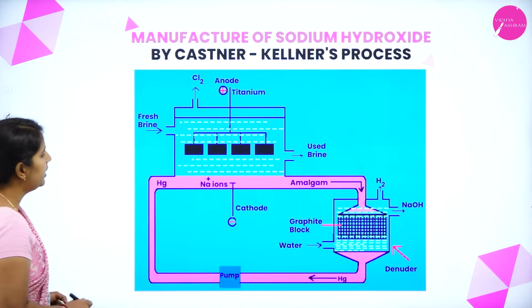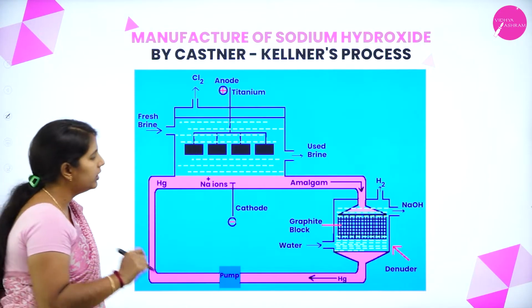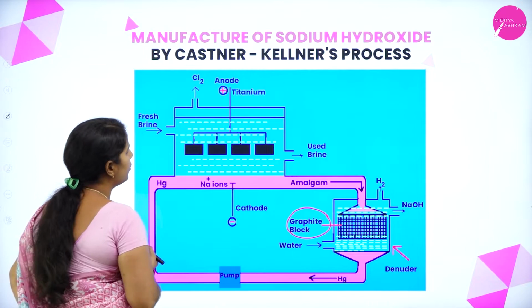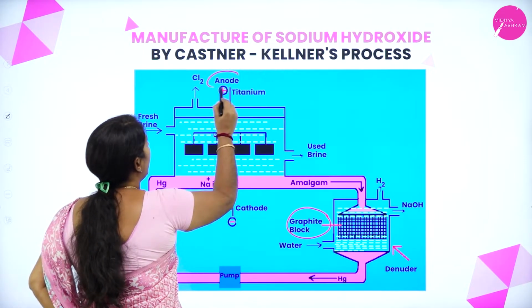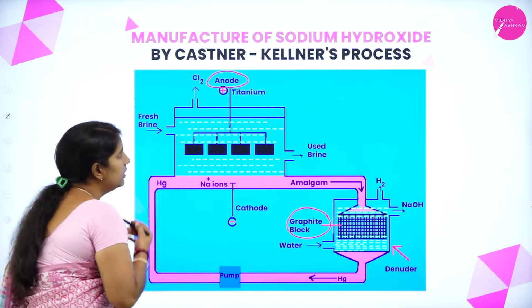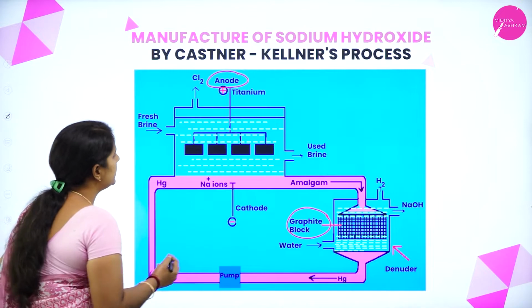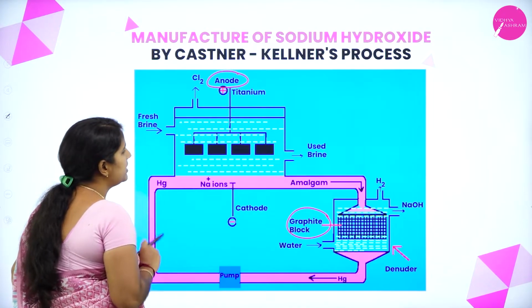You can see here, this is a long chamber which consists of 2 electrodes, the graphite black, and also another electrode known as the anode, which is made up of titanium. This is the first chamber where I have placed the brine solution.